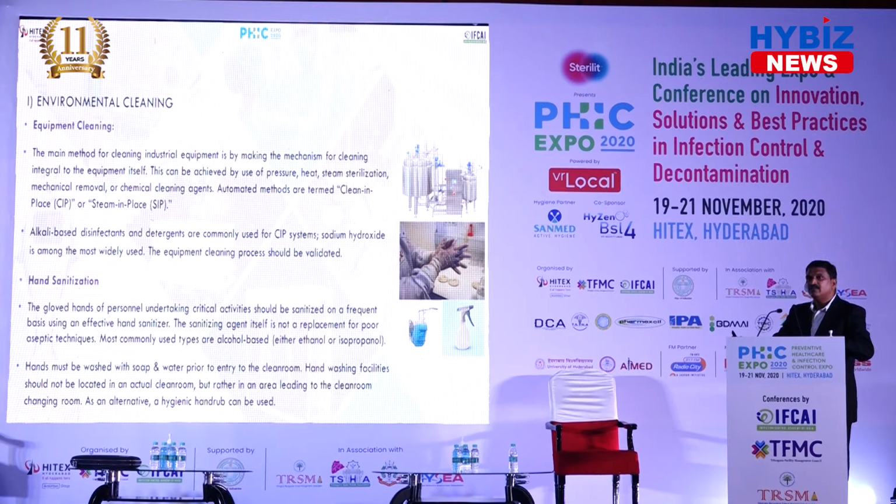Hands must be washed with water or soap before sanitizing, so that the sanitization process will be effective enough. And these are some of the materials or equipment used for sanitization, and this is the CIP system.